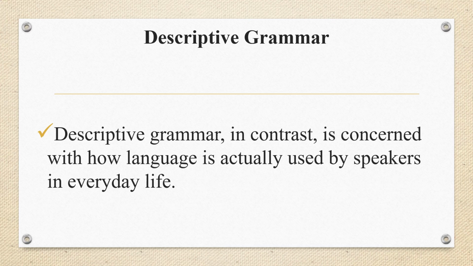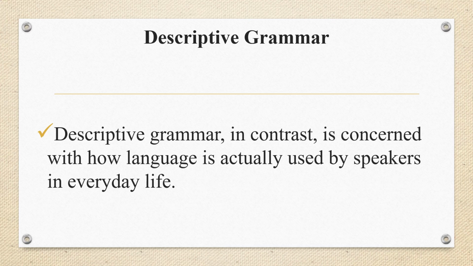Descriptive grammarians might note that in casual speech, many English speakers use double negatives. For example, 'I don't need no help,' even though this is not considered standard by prescriptive grammar.